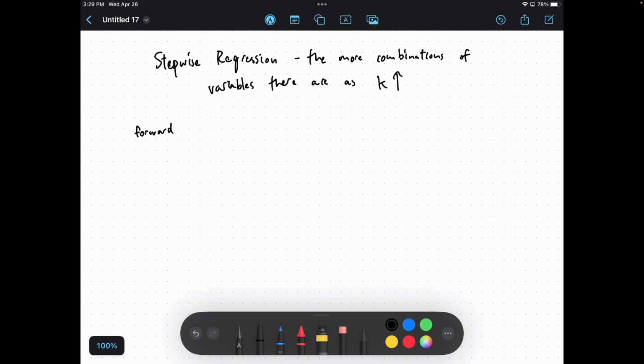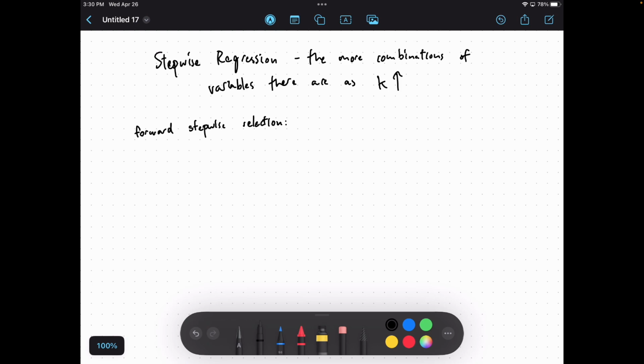So, forward stepwise selection. I should mention that this is one of the more confusing algorithms.